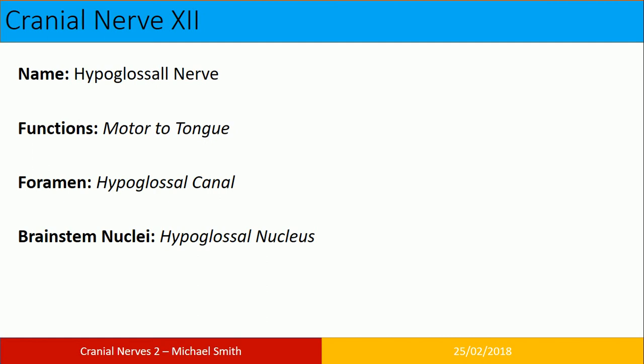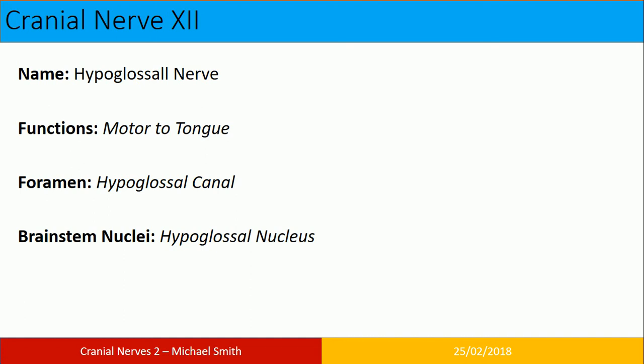So if you get somebody to poke out their tongue, then it allows you to work out if this cranial nerve is working. And if it's damaged on one particular side, then the tongue will move towards the side that is damaged.